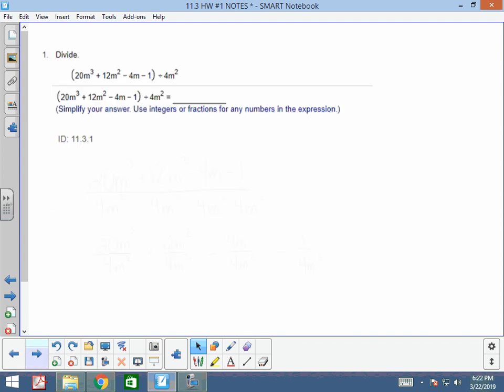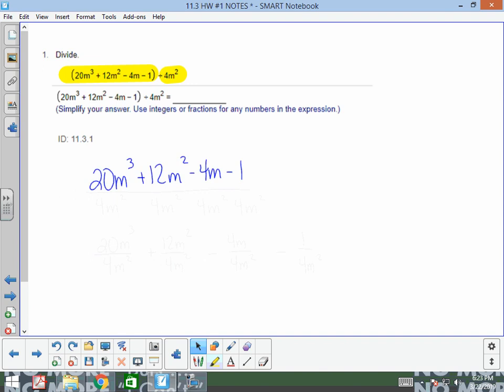All right, so notice we have 20m cubed plus 12m squared minus 4m minus 1. That's the dividend. 4m squared is the divisor. So we're going to write the dividend, 20m cubed plus 12m squared minus 4m minus 1. We're going to divide, so we have a fraction bar underneath that polynomial.